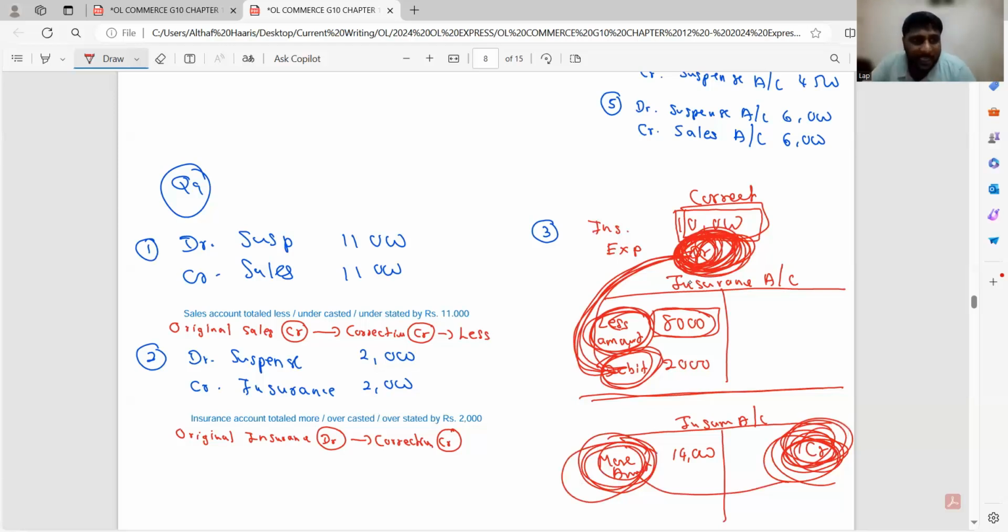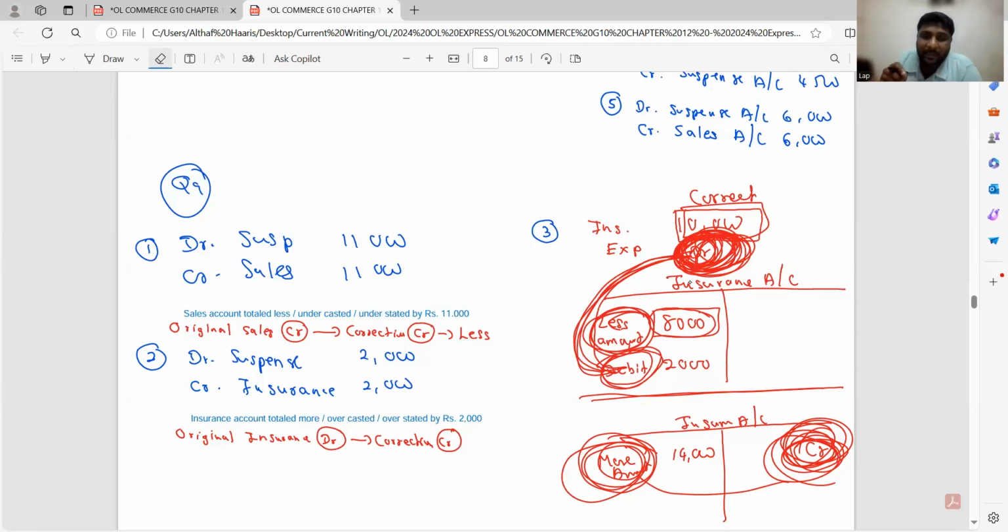So the same concept is applicable here also. Originally insurance is debit. We make the correction by putting it to the credit. Why are we putting the insurance to the credit side?